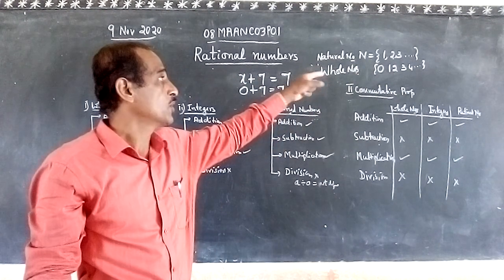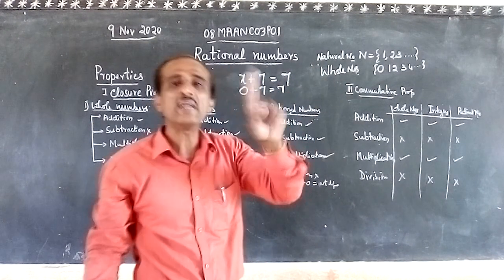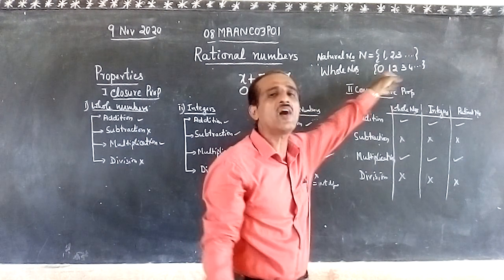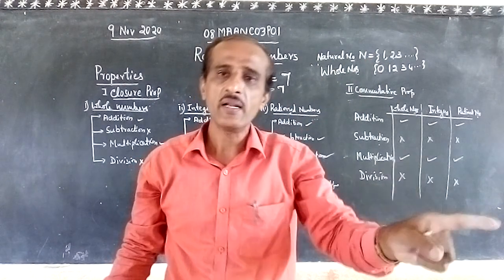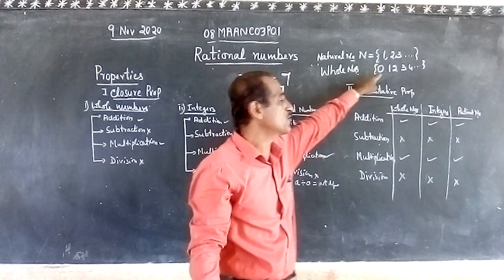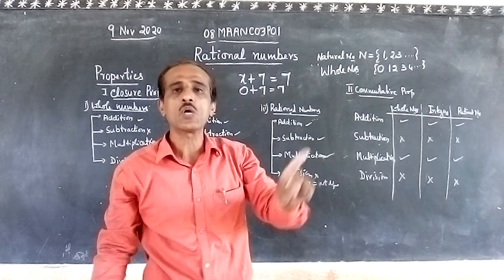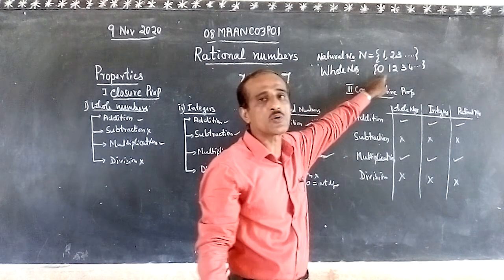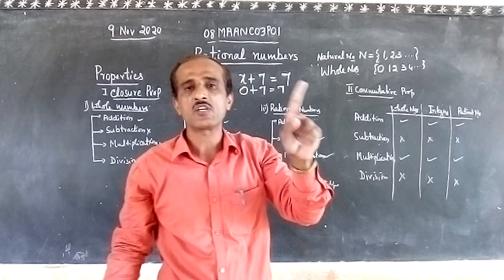In the set of whole numbers, only one digit is extra, that is 0, then all the natural numbers. Natural numbers begin from 1, whole numbers begin from 0. Which is the least whole number? 0 is the least whole number. Which is the least natural number? 1 is the least natural number.